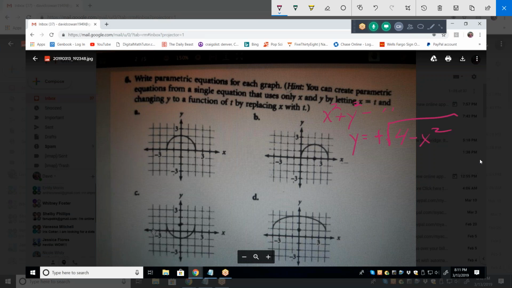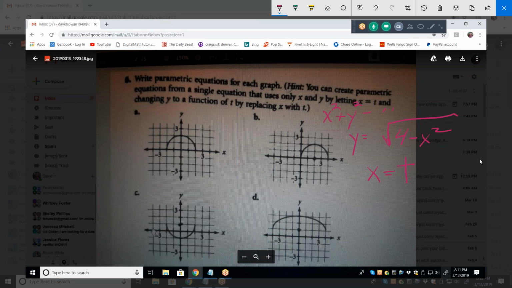So there's our single equation that uses only x and y by letting x equal t and changing y to a function of t by replacing x with t. Okay, so here are my parametric equations. I'm going to erase that plus sign because it looks too much like a t.